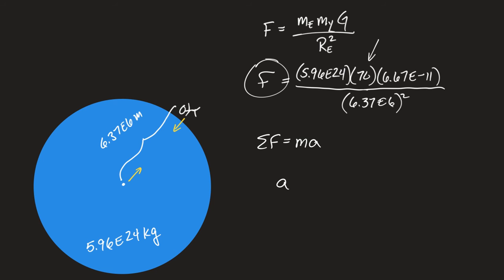This should give you the acceleration you are experiencing due to the force of the Earth, which should be 9.8. You'll know if you've gotten this right if when you divide that number by your mass, you get 9.79. That's how you know you've done it right.